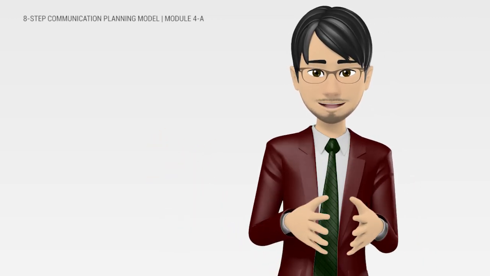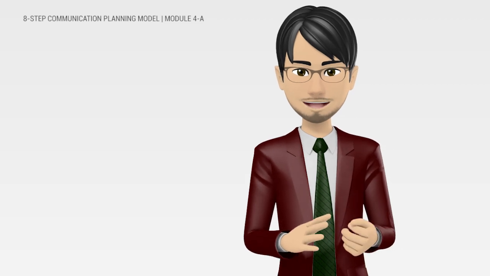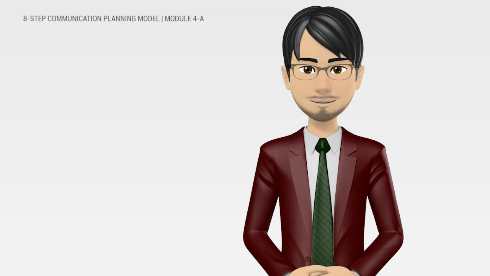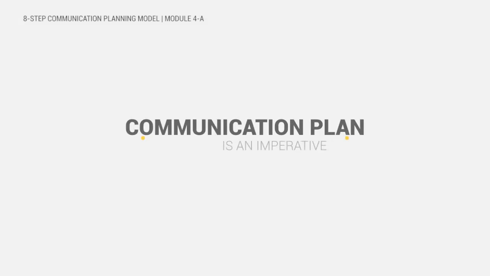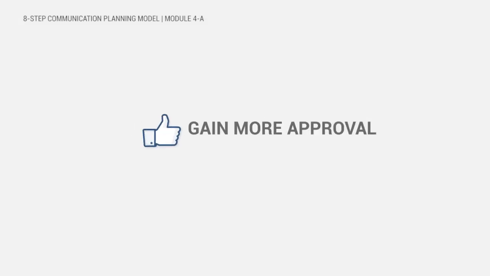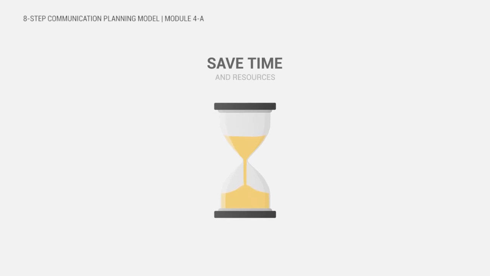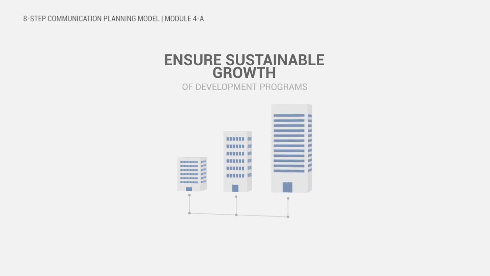A comprehensive plan serves as a strategic roadmap for a development organization's communication activities. This is essential to get people interested, hold people's attention, establish and develop partnerships, efficiently save time and resources, and ensure sustainable growth of development programs and initiatives.